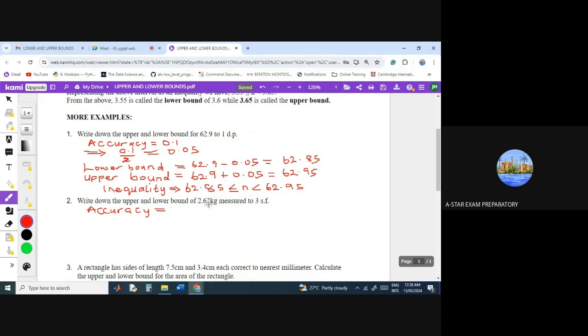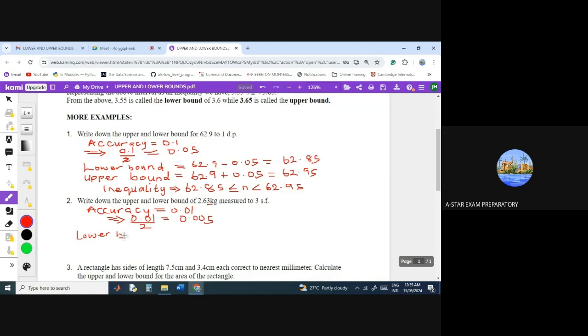So 3 significant figures ends at this 3, that is 0.01. So our highest level of accuracy must be 0.01 divided by 2, and that gives us 0.005.